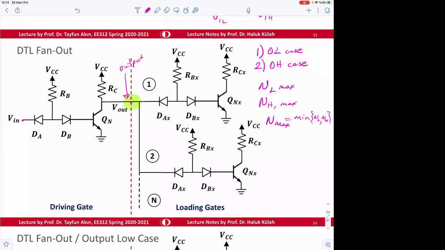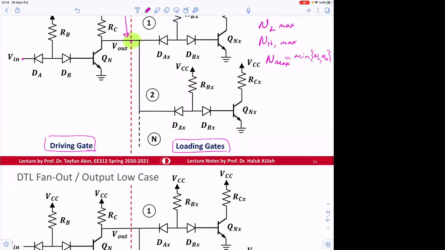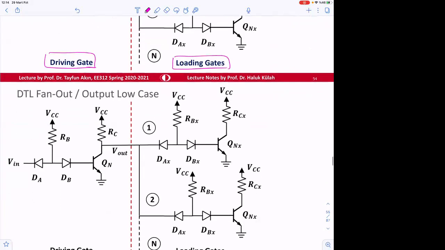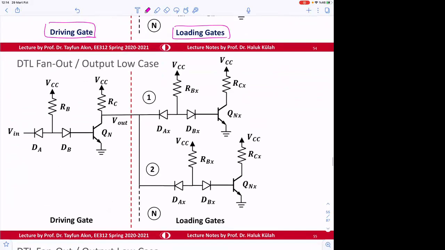Okay, so the idea is same. So we call this thing driving gates. These are loading gates, driven gates. So we can look at the low case here because this will be now actually determining the fan out.